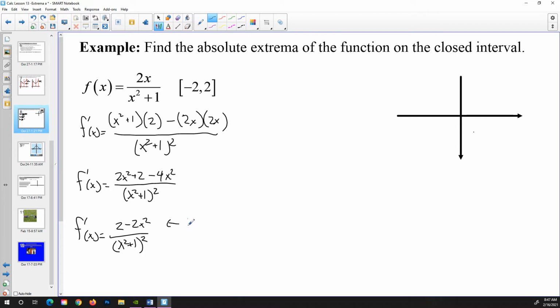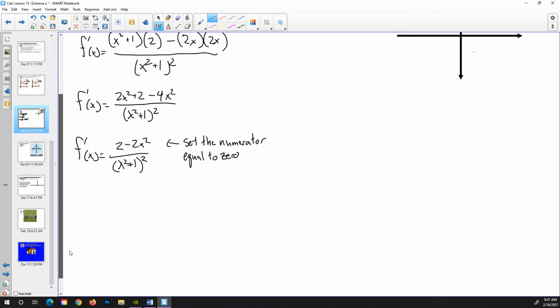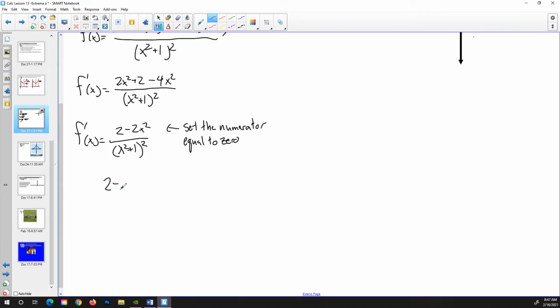We're going to set the numerator equal to 0, because for a fraction to be 0, the numerator has to be 0. So if I go 2 minus 2x squared and I set that equal to 0, we'll subtract 2 from both sides. That'll give me negative 2x squared equal to negative 2.